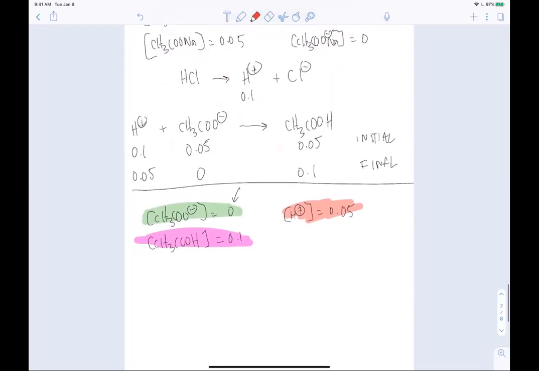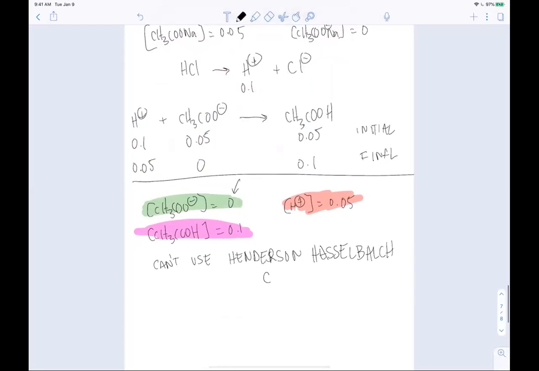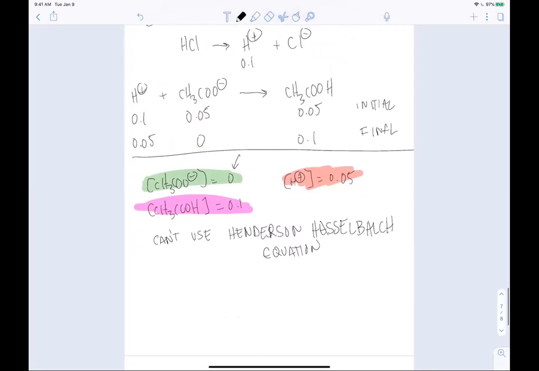And so now when I calculate the pH, I can't use the Henderson-Hasselbalch equation, because we don't have a buffer.